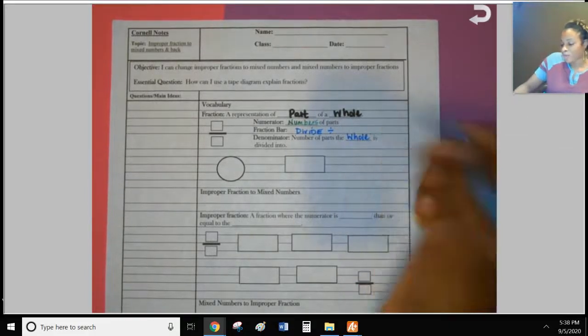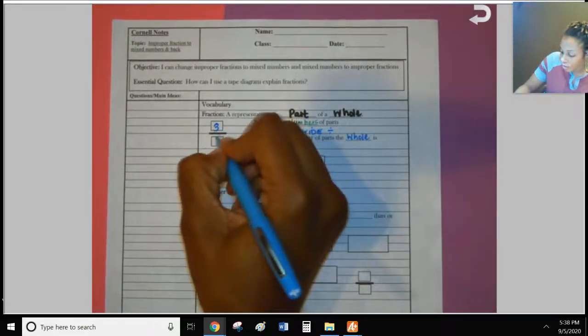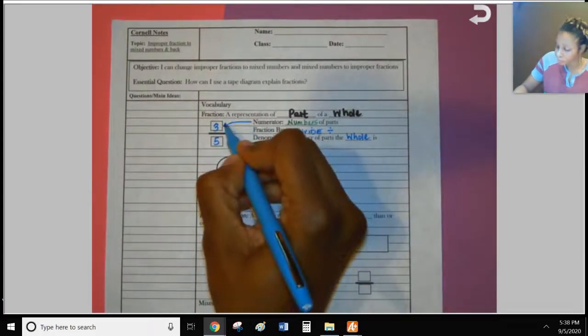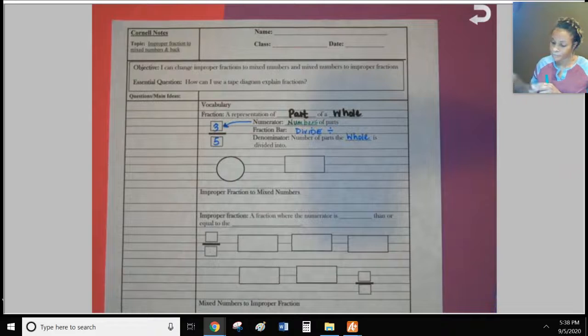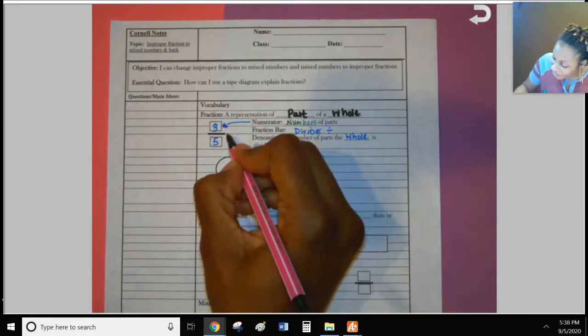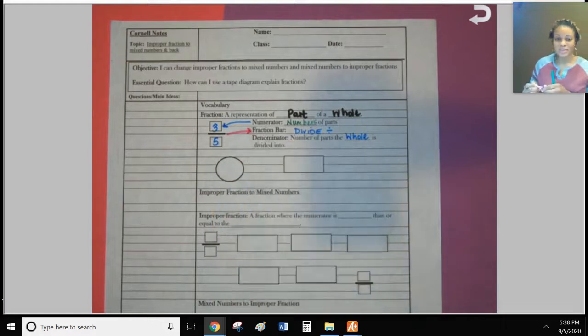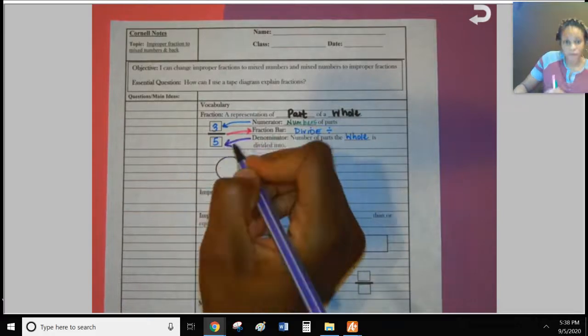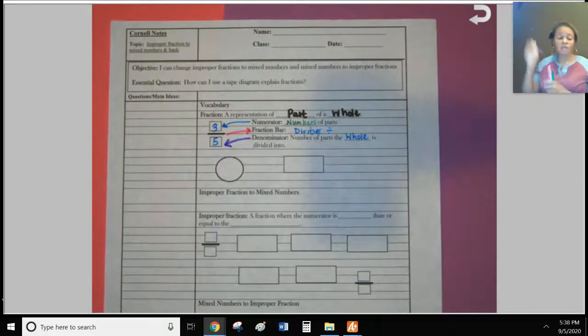So for example, if we had a fraction of 3/5, our numerator is 3. Our fraction bar tells us that 3 is being divided by 5, which is our denominator. So 3/5, another way that we can read this is 3 out of 5.